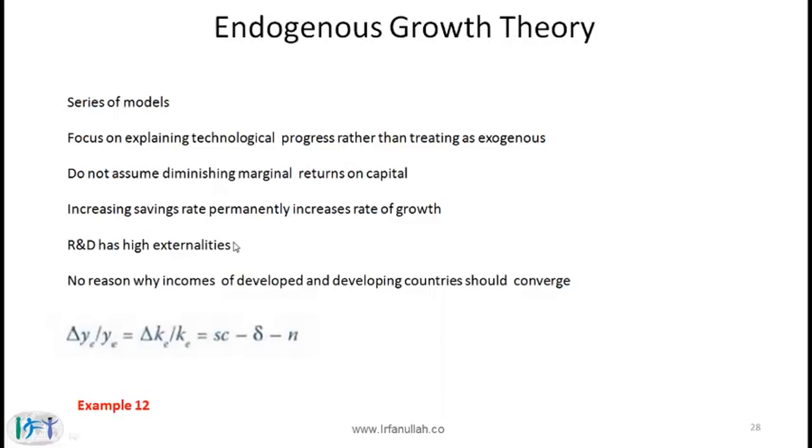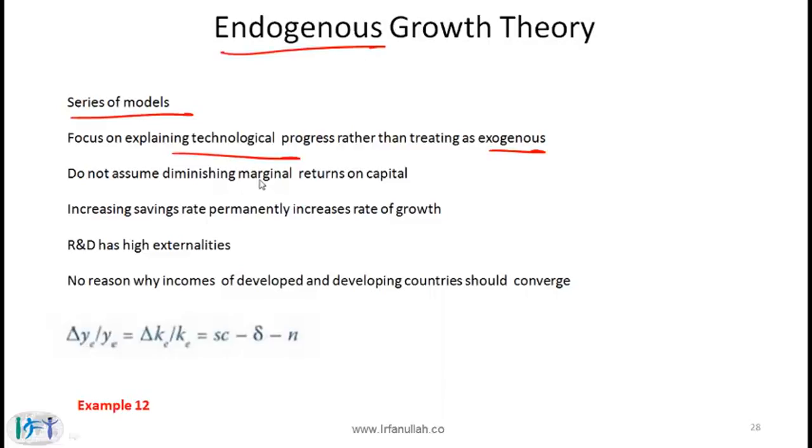Now this theory is actually nothing but a series of models, and these models focus on explaining technological progress rather than treating technological progress as exogenous or outside the model. So as I mentioned earlier, these models take technology and make it part of the model, and that's where the term endogenous comes from.